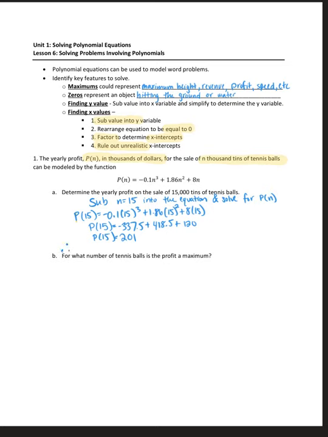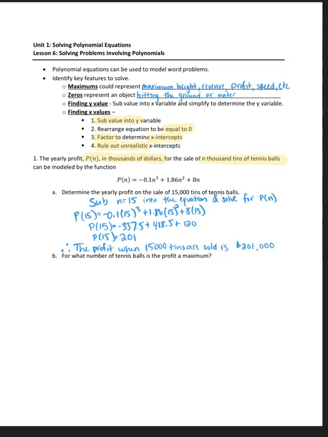So therefore, the profit when 15,000 tins are sold is $201,000.